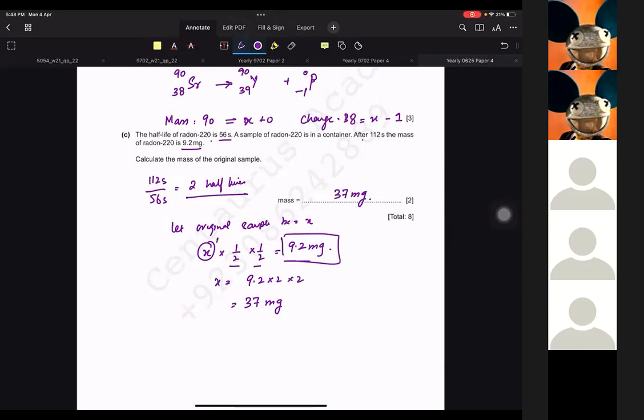So if I want to find the original, what will I do? Would I multiply 2 there? Okay, I get it. So 2 half-lives means you have to halve the original sample twice, or multiply the final sample by 2 twice. Okay. Any other questions?